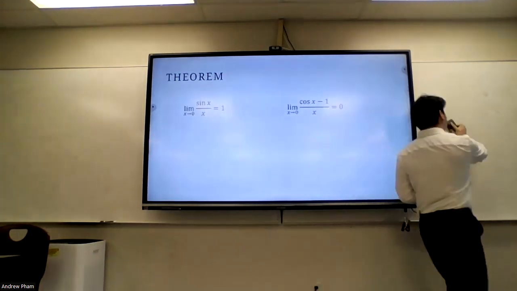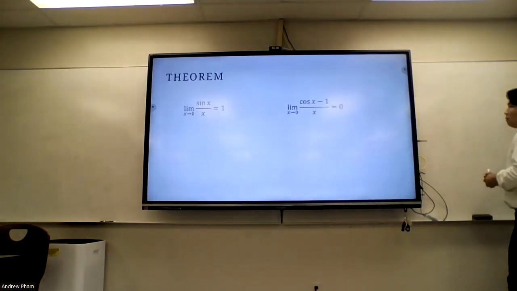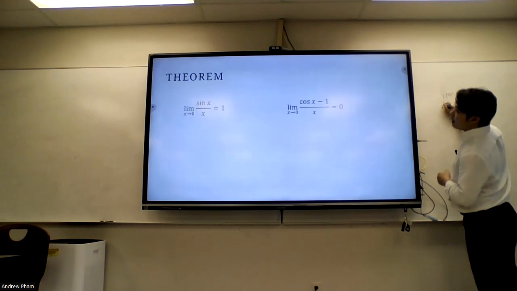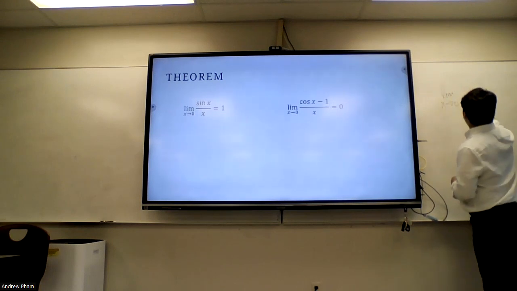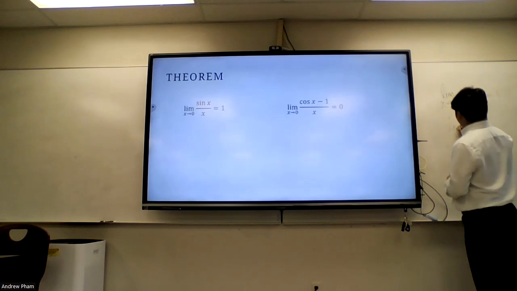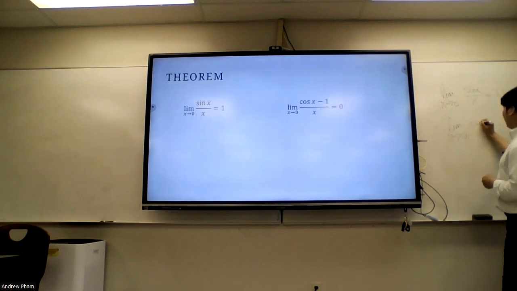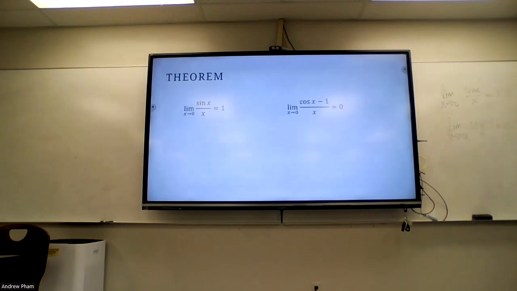So right here on the side, I'm just going to need it for reference for myself. We have the limit as x goes to 0 of sine of x over x is equal to 1. And then the limit as x goes to 0 of cosine of x minus 1 over x is equal to 0. Again, keeping those for reference on the side.